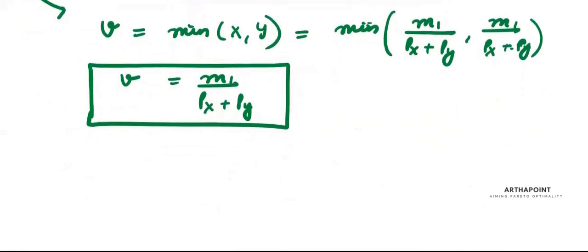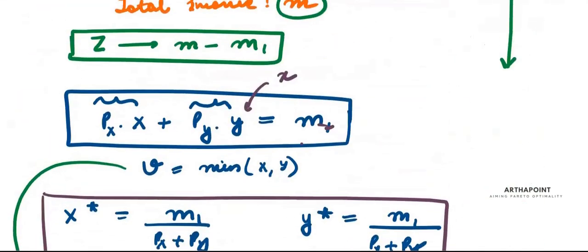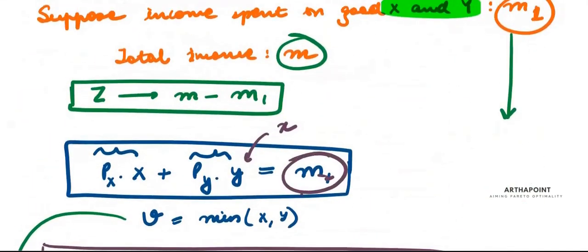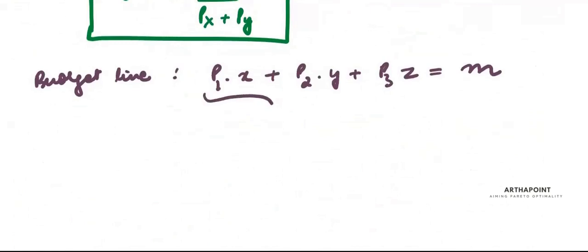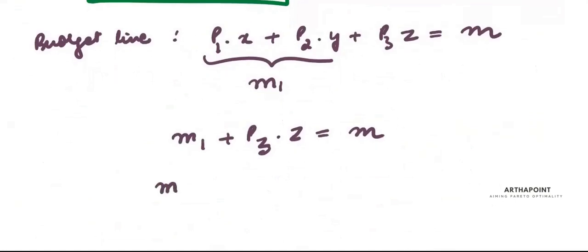What was your budget line that was given to you? The budget line was P1 into X plus P2 into Y plus P3 into Z is equal to M. How much money are you spending on X and Y together? M1. So this part is M1. So M1 plus P3 into Z is M. So what is your M1 really?